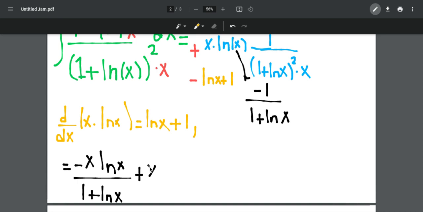To simplify more, I'm going to make a common denominator and multiply by 1 over 1 plus ln x on both sides.